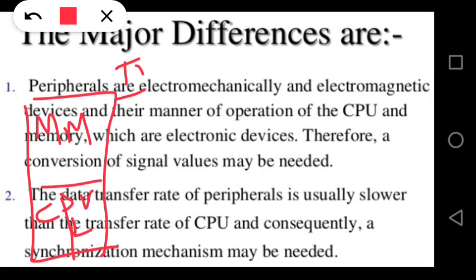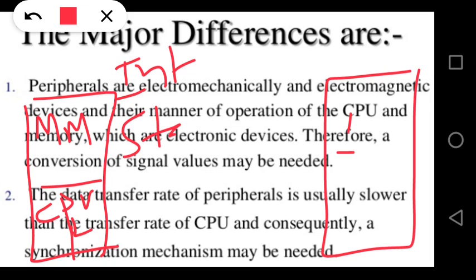See, the peripherals are electromechanical and electromagnetic devices. This is important. IO devices are electromechanical devices in the sense of the keyboard: the user has to manually press the key. It's mechanical work. Then it converts into some signals and sends them to the IO interface.